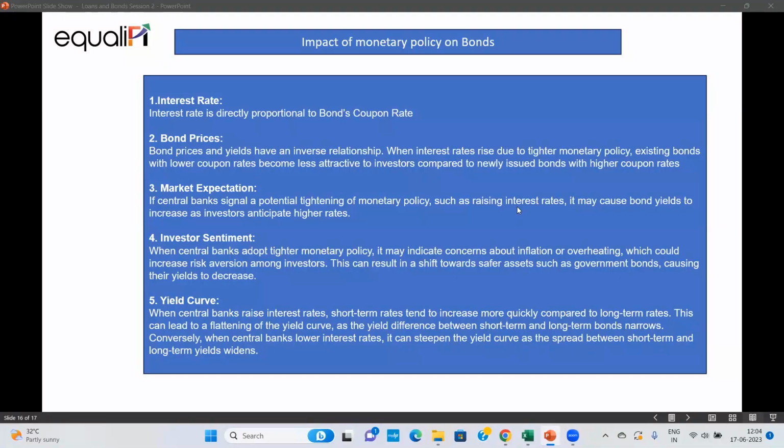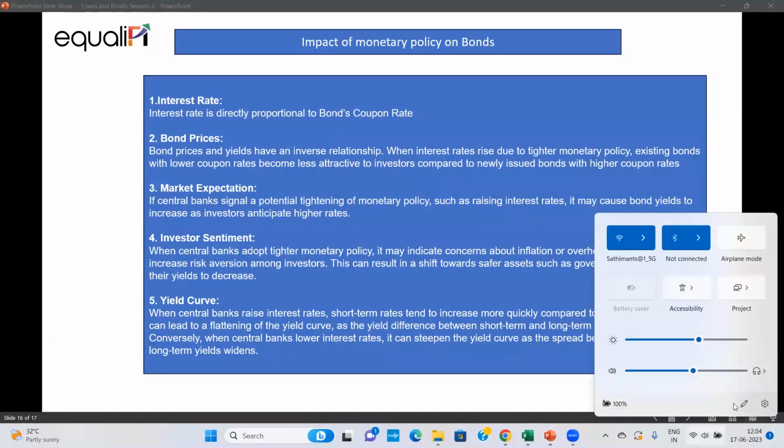So the short-term rates, when the repo rate was at 4%, the one year T-bill was somewhere around 3.75 or even 4%, around a similar range. And now, as the repo rate increased by 2.5%, the 1 year T-bill rate is now around 6.75 or 7%.